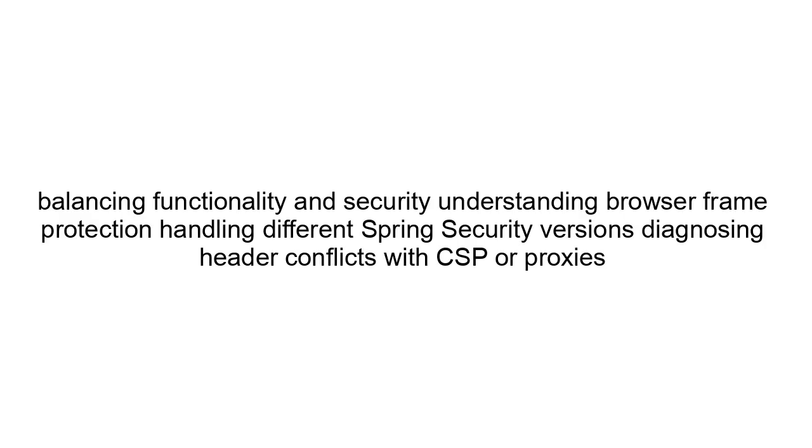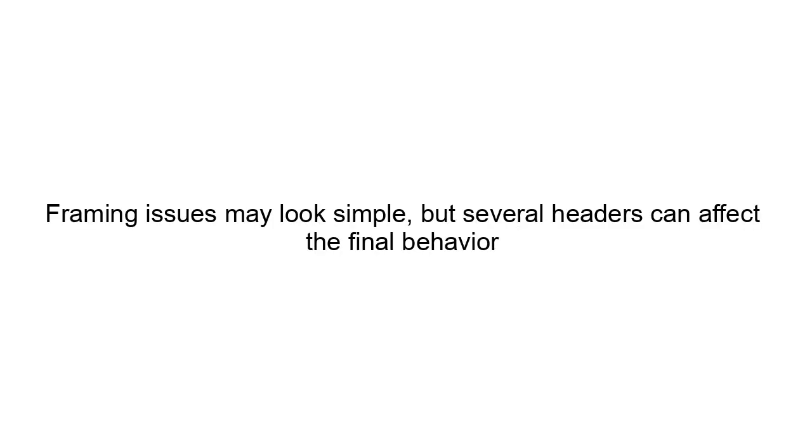Challenges. Some challenges include balancing functionality and security, understanding browser frame protection, handling different Spring Security versions, diagnosing header conflicts with CSP or proxies. Example concept: framing issues may look simple, but several headers can affect the final behavior.